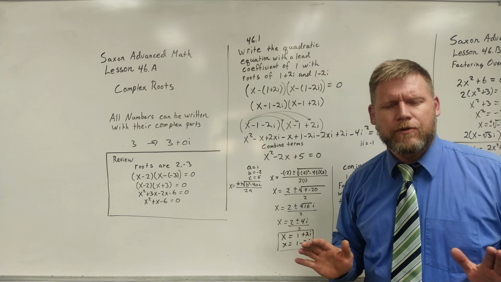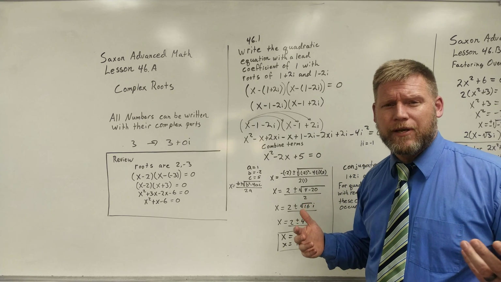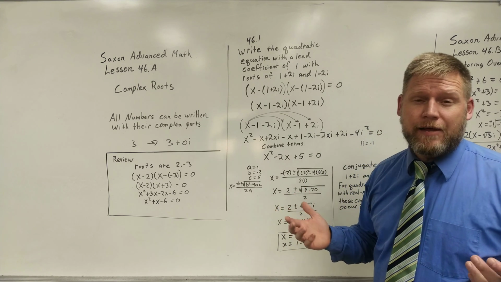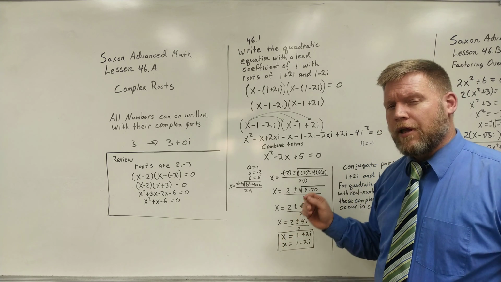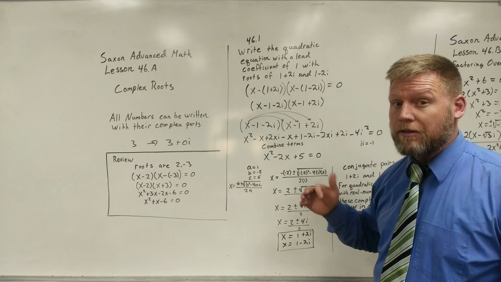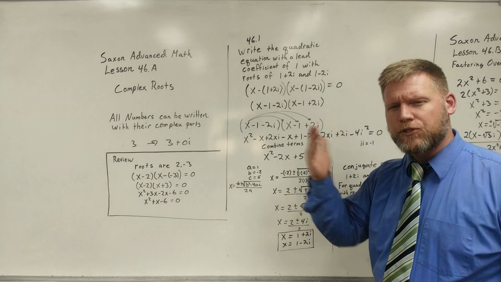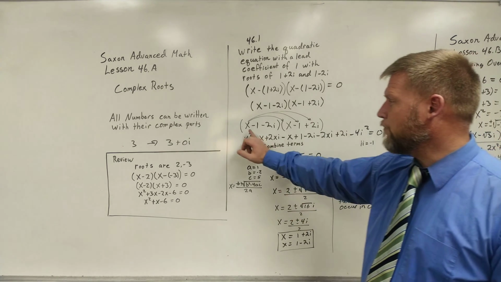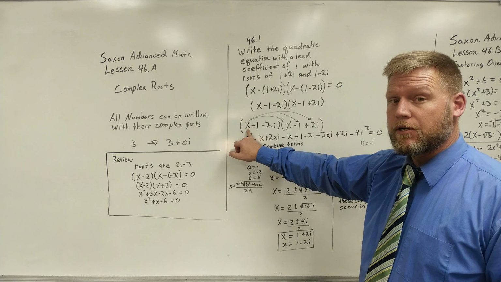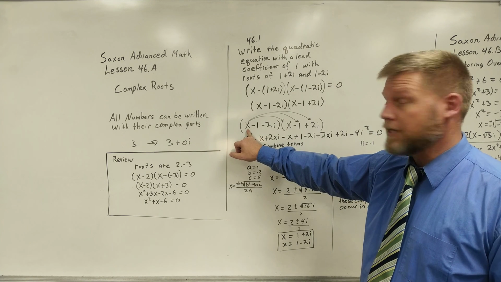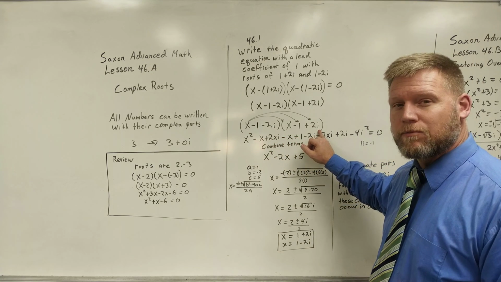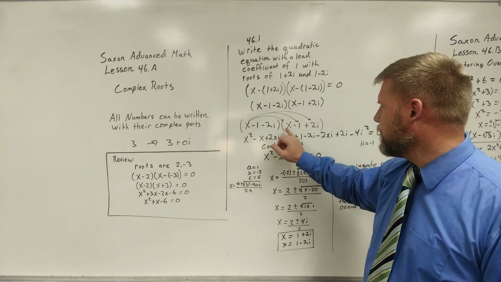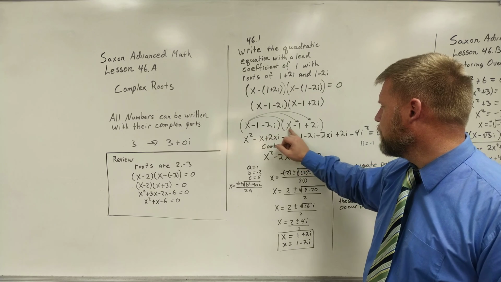Sometimes people like to call this FOIL, but it's not really FOIL because you have two inners, and that gets confusing when you say first, outer, inner, last. So I like to call it the left to right method because it makes more sense in my head. I start with the furthest left term, which in this case is x, and I distribute this x into all three of these terms. This one will get distributed into all three of these, and so will this one.